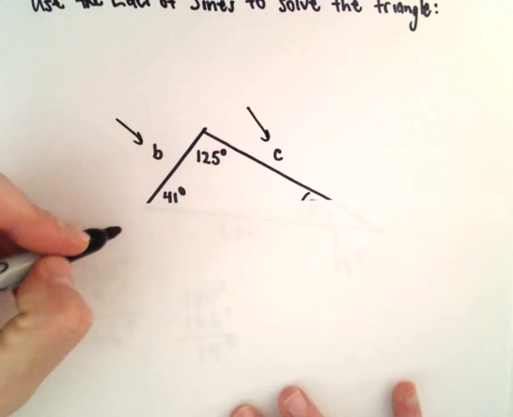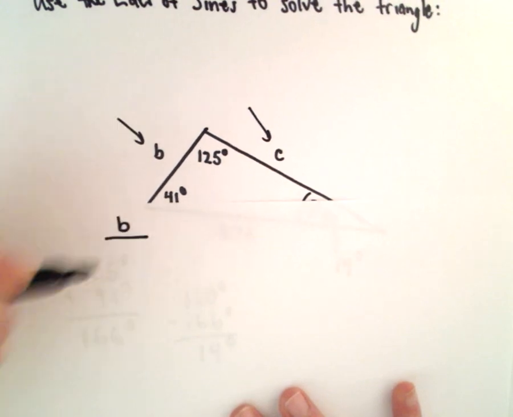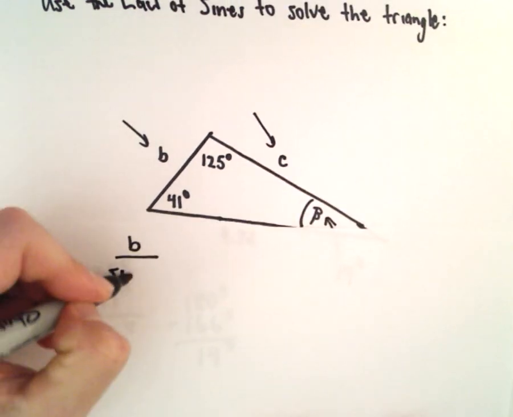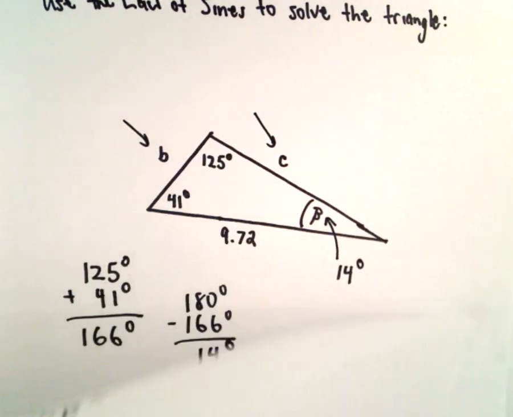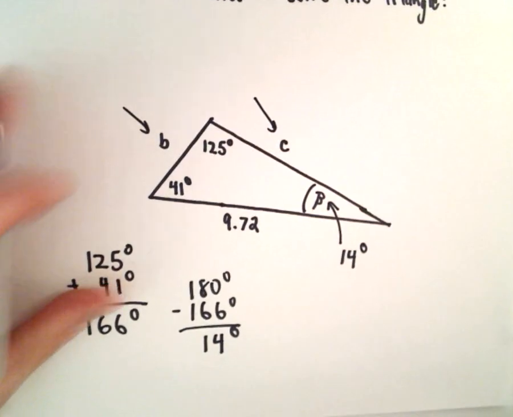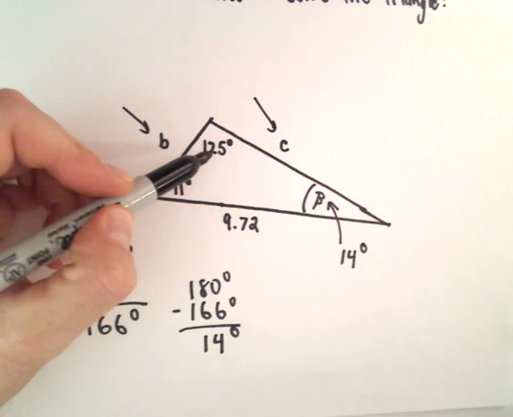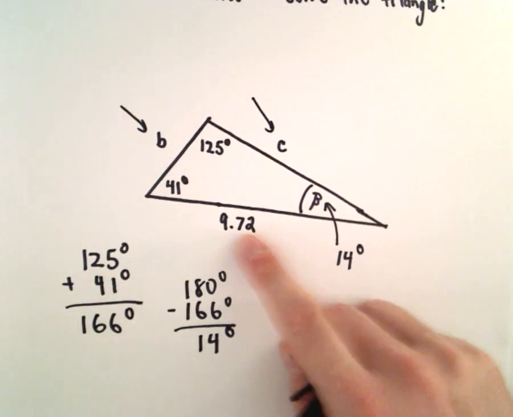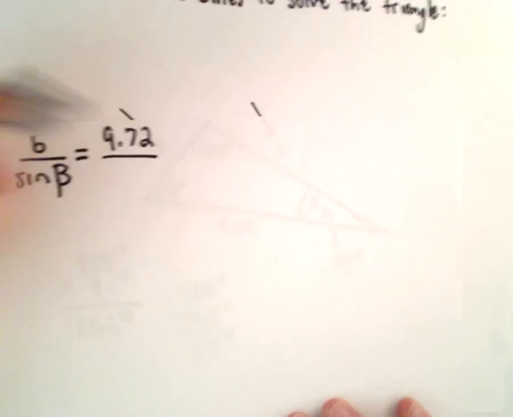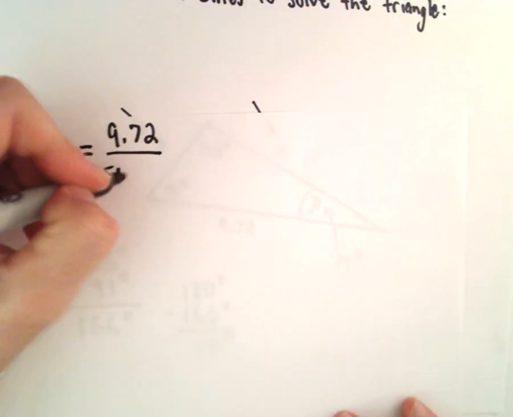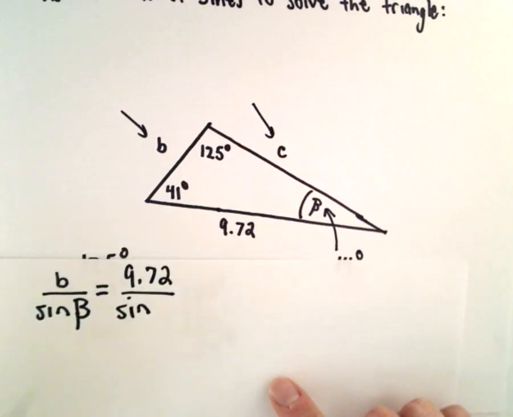So we know that little b over sine of beta is going to equal, and now we can set up another ratio. So we can use another side length. Well, we know the side length of 9.72, and then we'll take sine of the angle opposite that side.